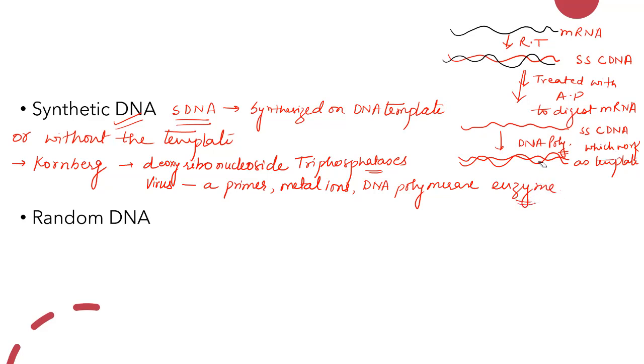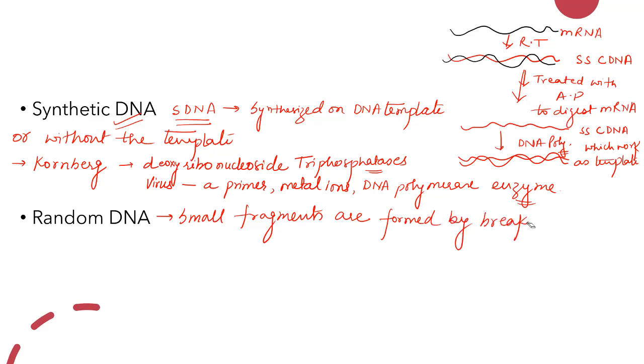Random DNA is one in which small fragments are formed by breaking a chromosome of an organism in the presence of restriction endonucleases.